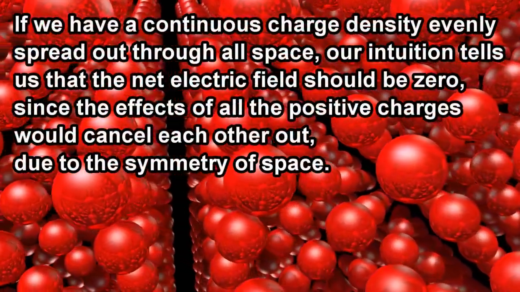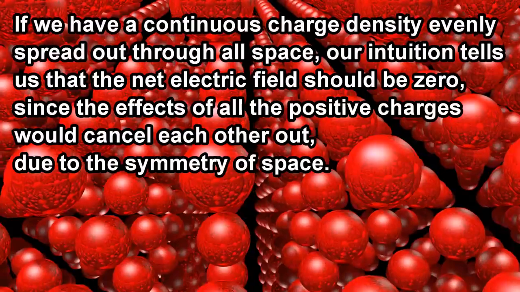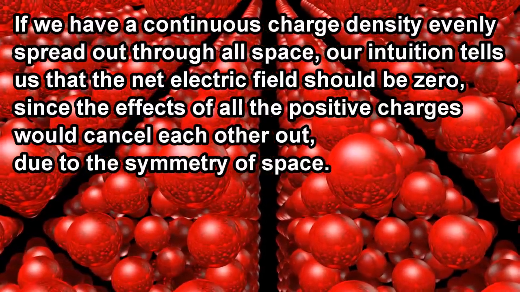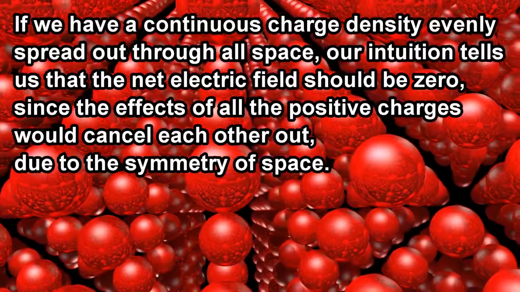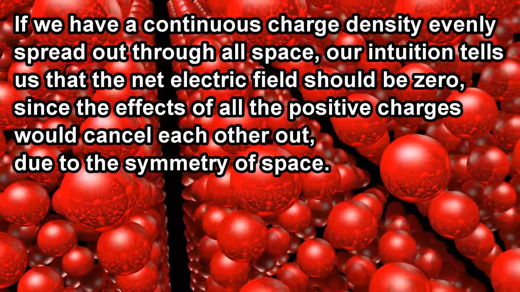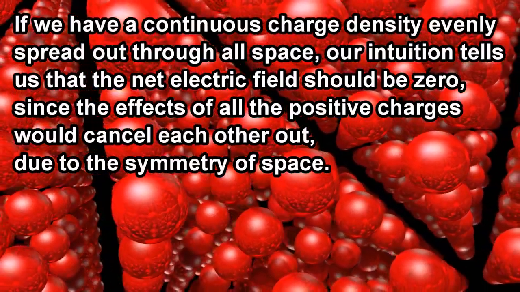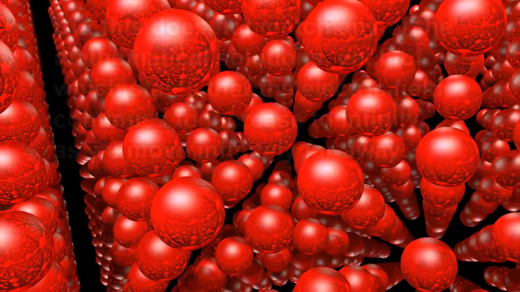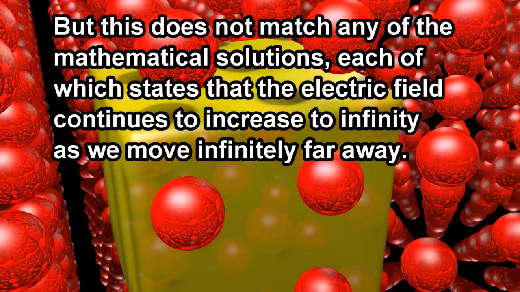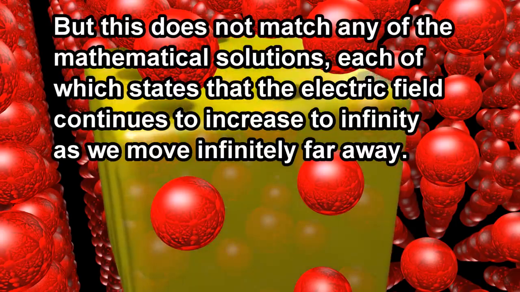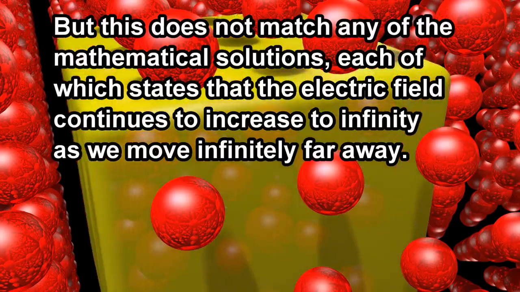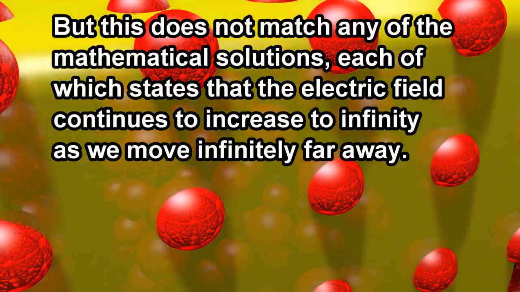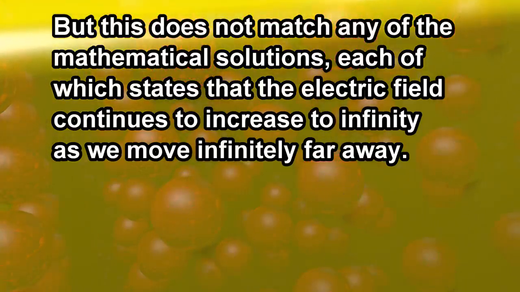If we have a continuous charge density evenly spread out through all space, our intuition tells us that the net electric field should be zero, since the effects of all the positive charges would cancel each other out due to the symmetry of space. But this does not match any of the mathematical solutions, each of which states that the electric field continues to increase to infinity as we move infinitely far away.